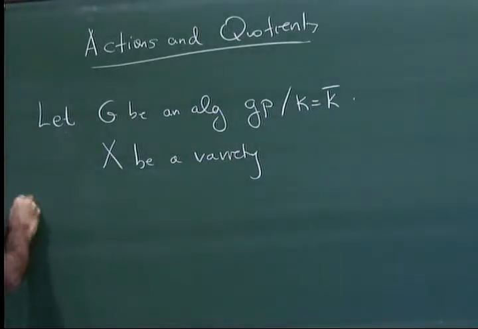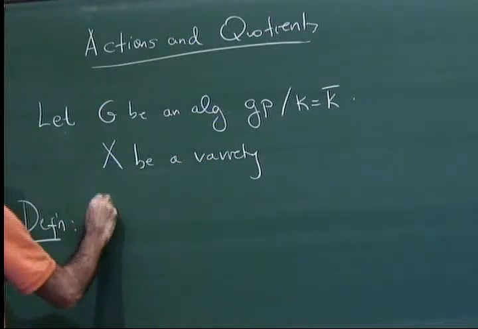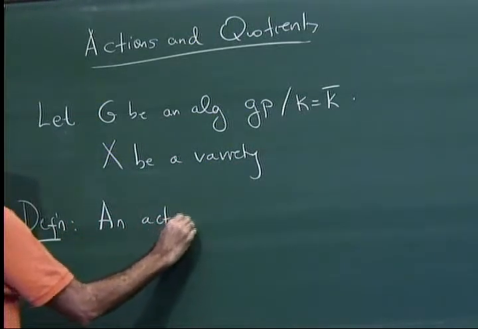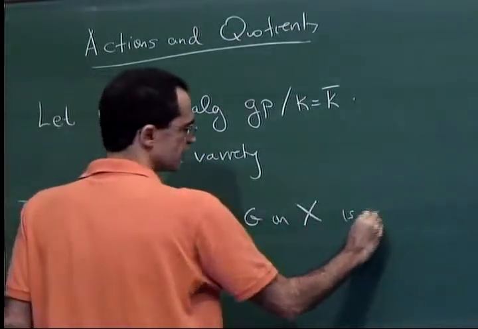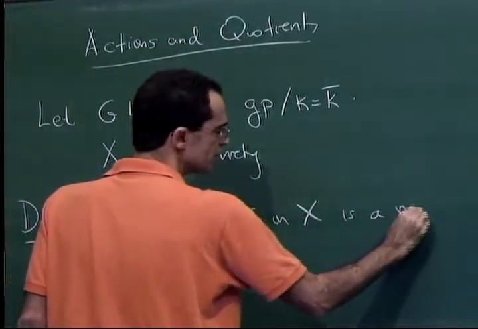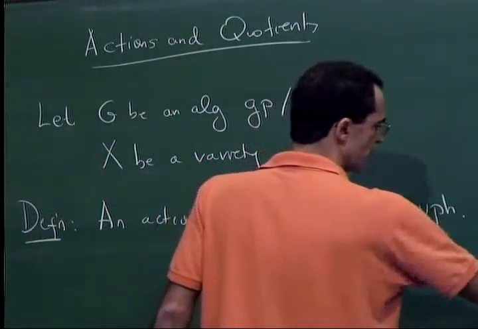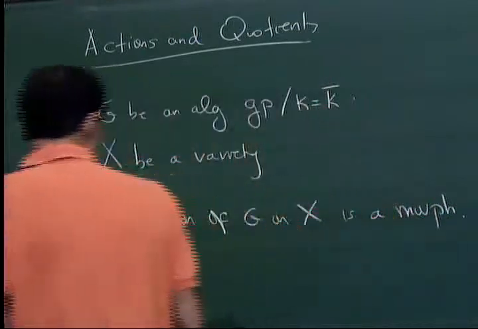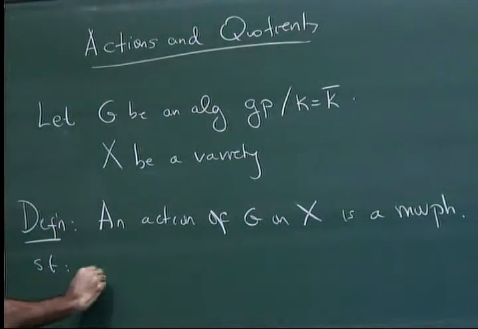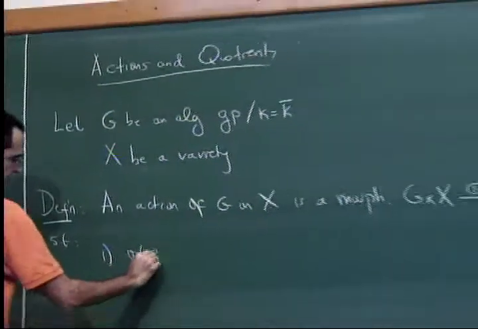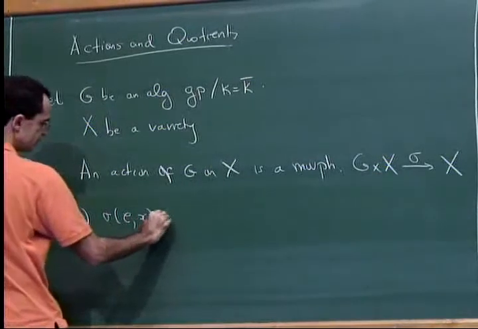By definition, an action of G on X is a map, a morphism, from the product G × X to X, satisfying the following two conditions. First, the neutral element of the group must act trivially.